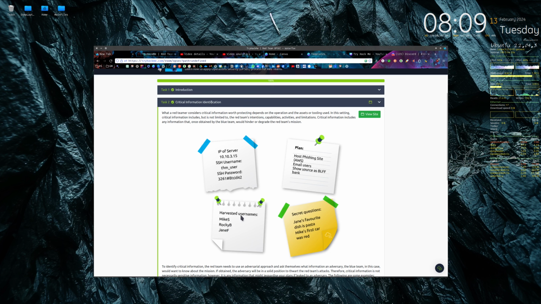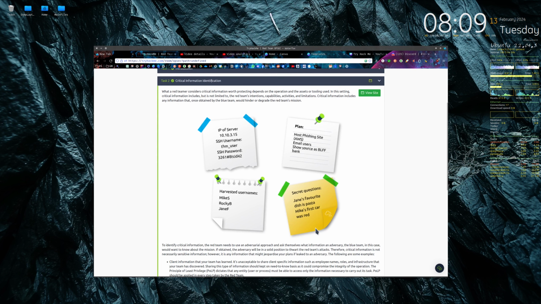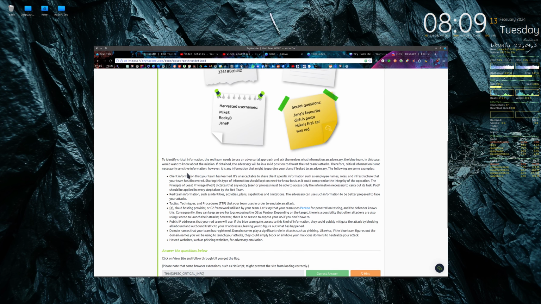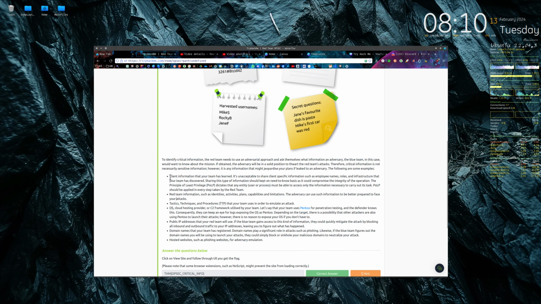I just need to know the format, and then from there I can create a password list, doing some OSINT and stuff like that. And then things like where you're hosting your infrastructure. This is from a red team perspective, and then some of the things that we shouldn't share that could be useful to us or to other people, and then identifying that critical information and trying to determine how to protect it.